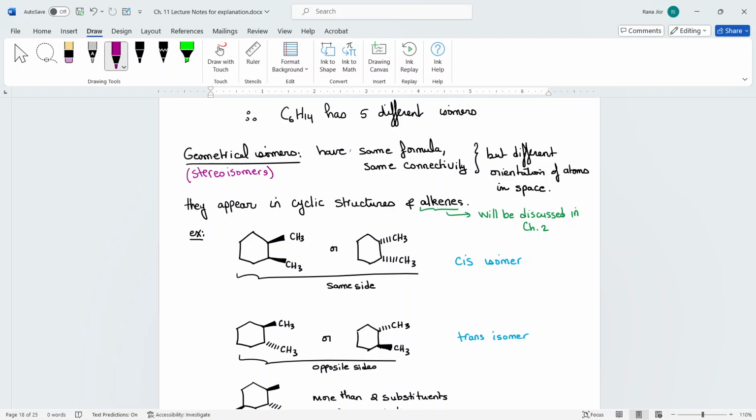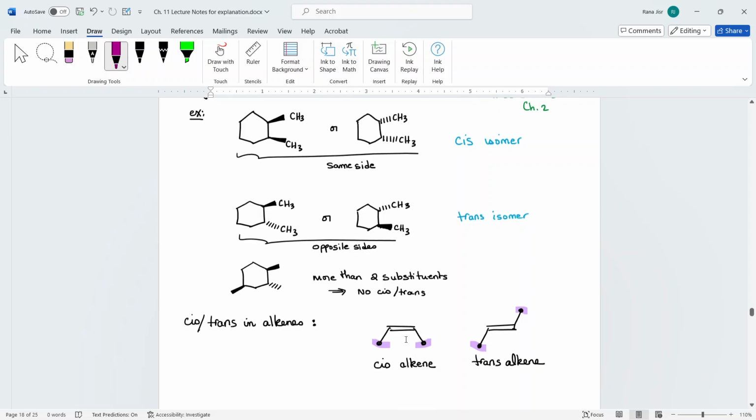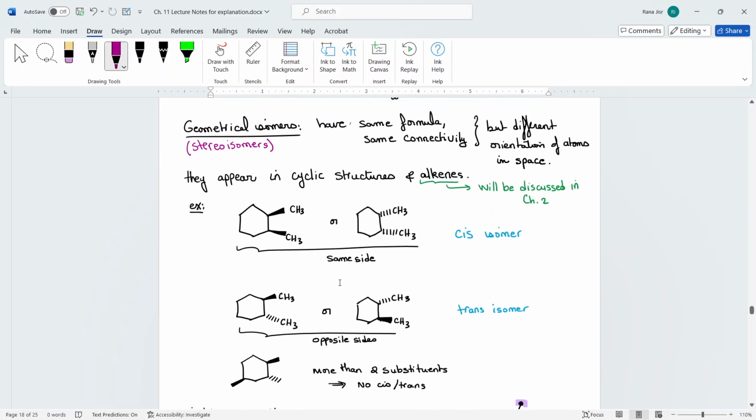There are 2 ways where we can draw geometrical isomers, either in a cycle or in a double bond. In both, they need to have 2 groups in there. So for the cycle, I would need to have 2 substituents on that cycle. This is a cycle of 6-membered rings, and on that cycle, I have 2 substituents coming off the cycle.